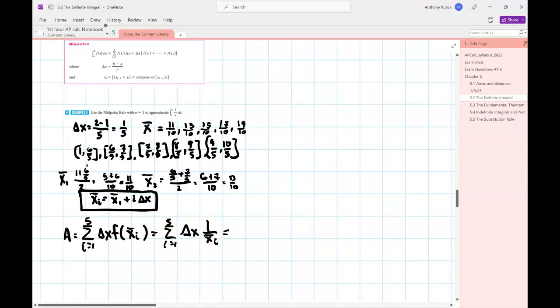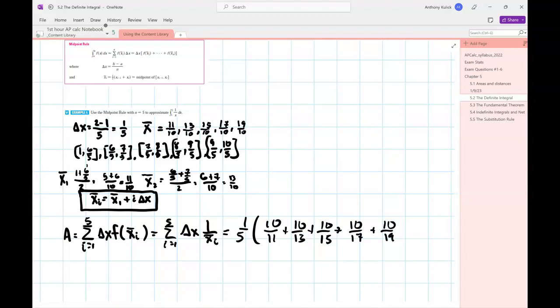So if we do this, we're going to have 1/5 times the reciprocal of each of these. So 10 over 11 plus 10 over 13 plus 10 over 15 plus 10 over 17 plus 10 over 19. At that point, it's calculator time for me.